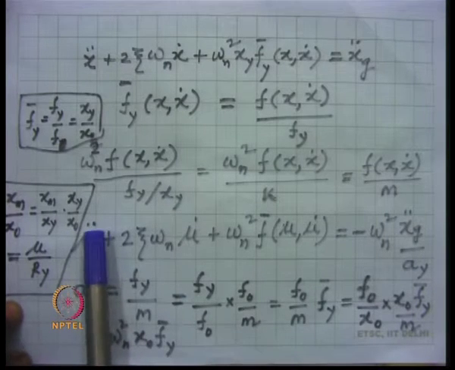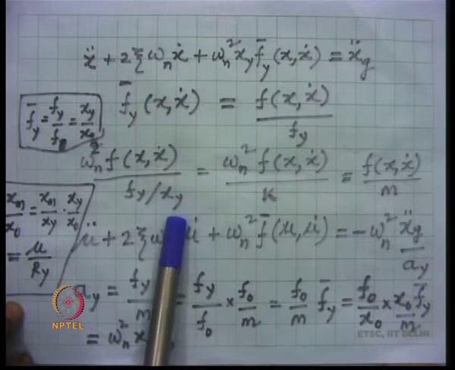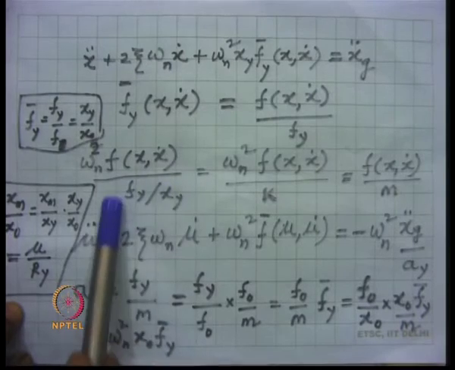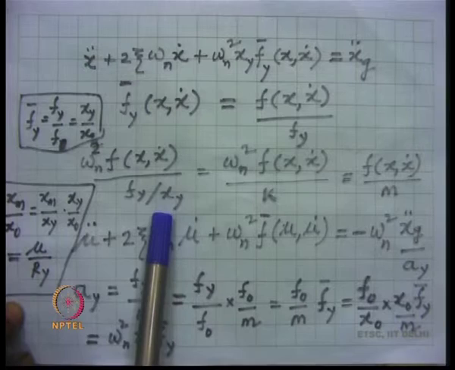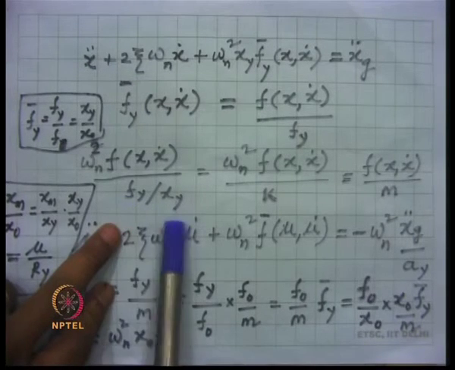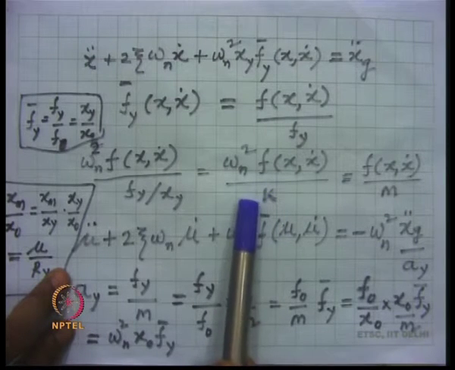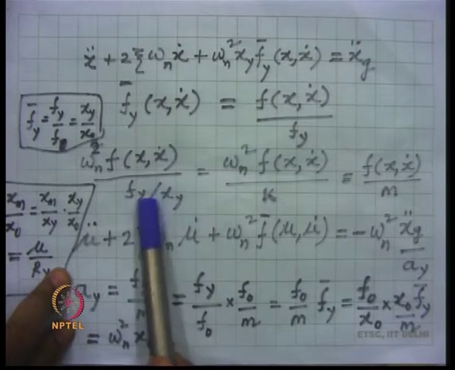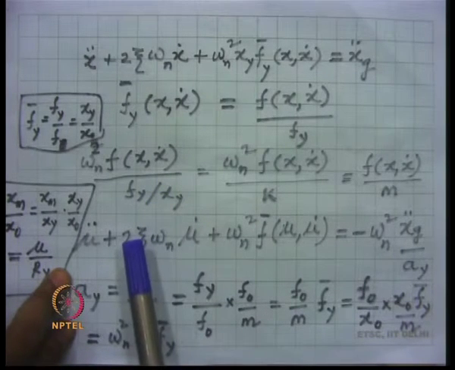Now, if I divide it by xy, then the xy automatically goes up over here. So, in the denominator we have fy by xy. Since fy by xy is the stiffness, that is how the elastic stiffness is defined. Fy is the yield force and xy is the yield displacement.